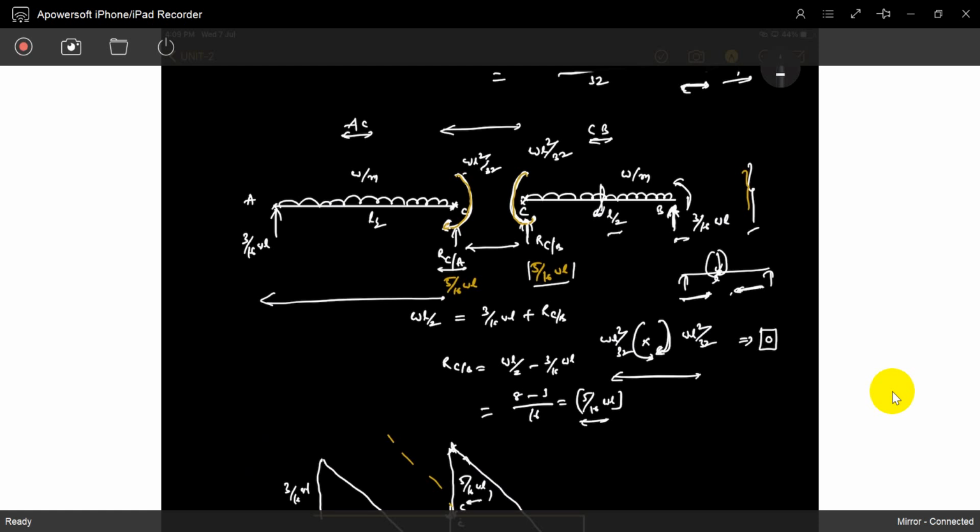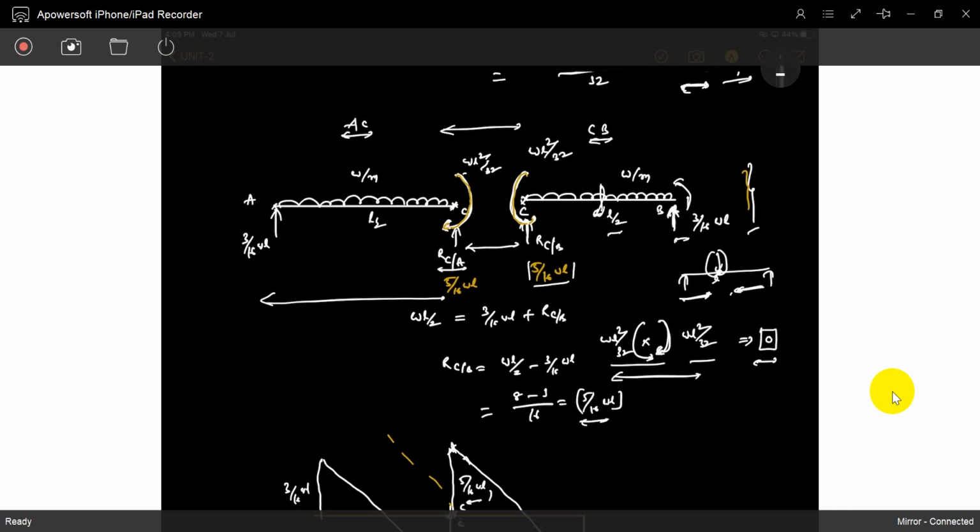C is also in equilibrium. If you write down the free body diagram of joint C, it looks like this. WL square by 32, WL square by 32 is 0. Moment is 0. Every section has moment 0. Every location moment is 0, not a bending moment. A thousand times I said it, moment is 0 everywhere, not a bending moment.